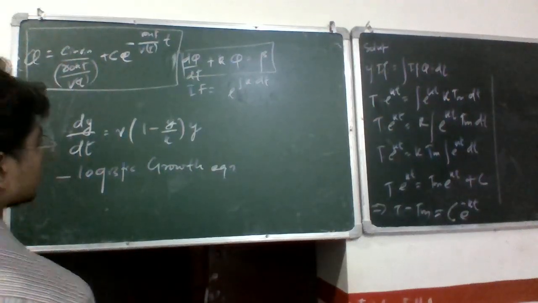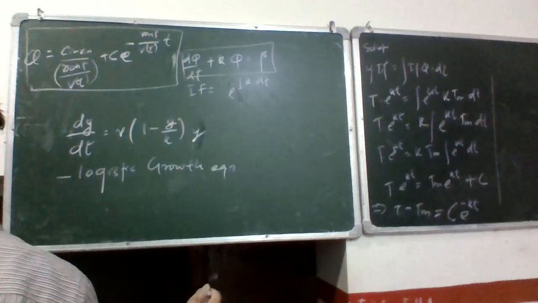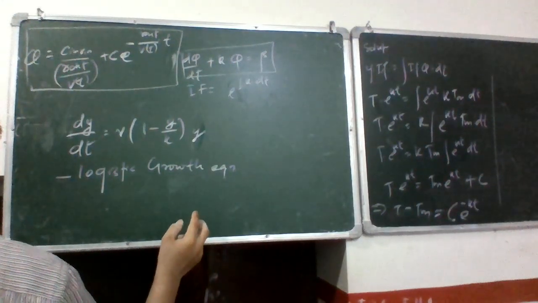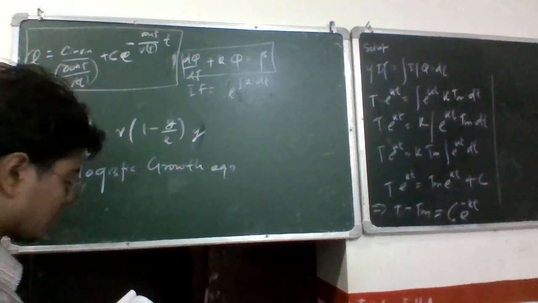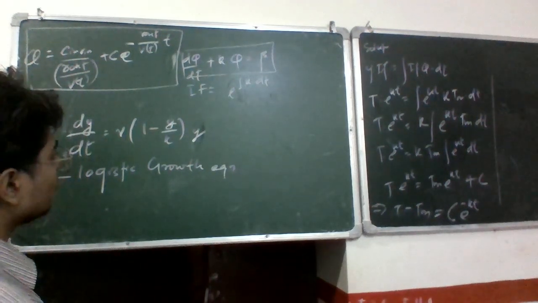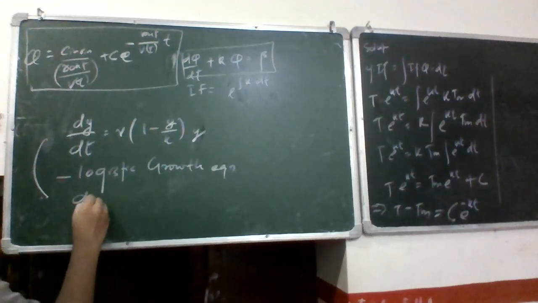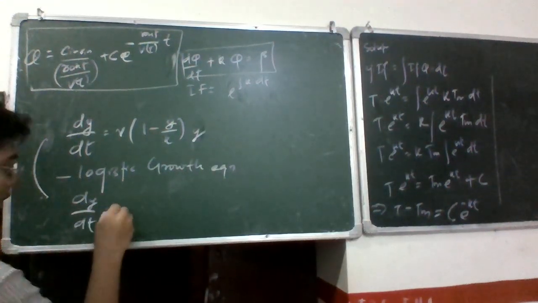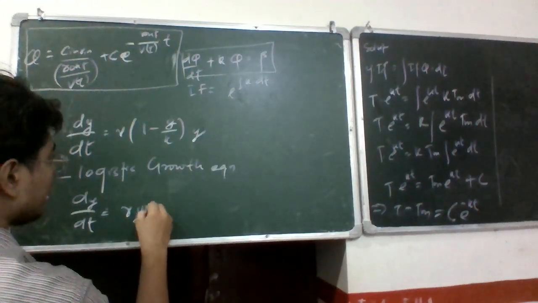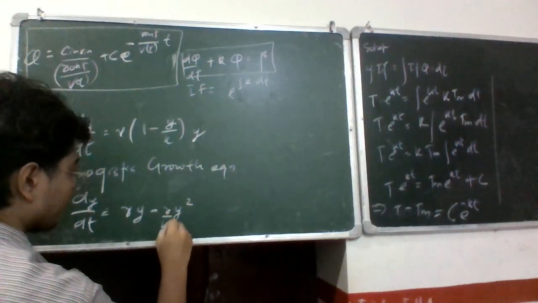If you see this, yes, so this is the thing. Okay, now one thing that you can see here is r times y minus r y squared by k.